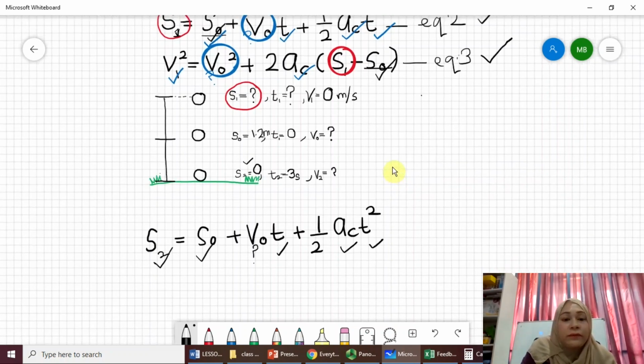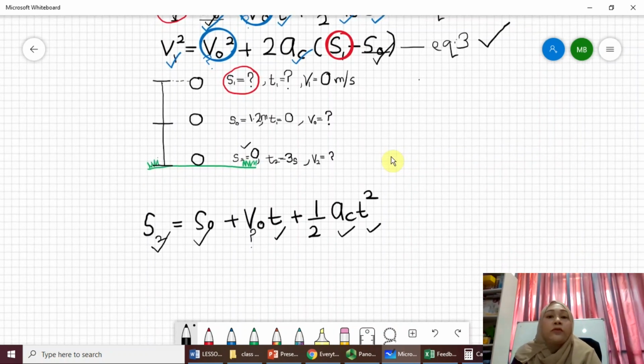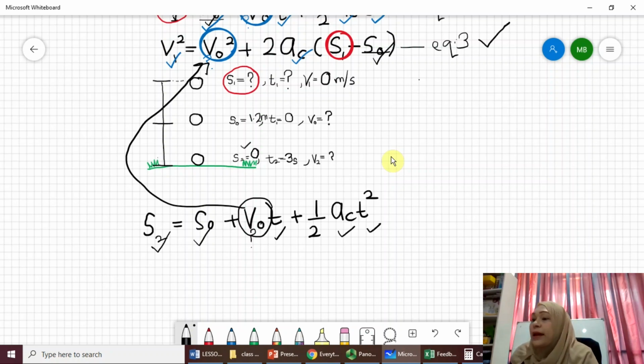Okay, so basically it's very simple. Now let's solve this problem. In order to find the maximum height, we need to find the initial velocity first, and then once we find it, we can put this value into this equation here to solve for S1. So what is our S2 value?